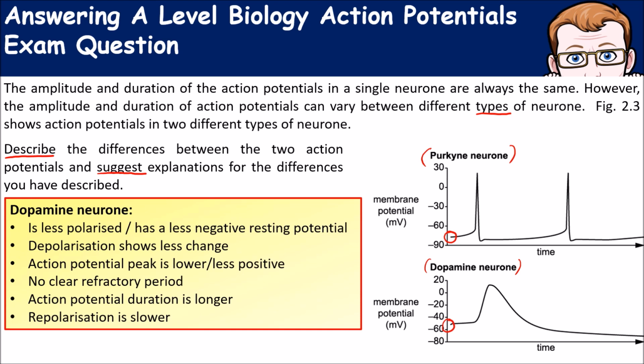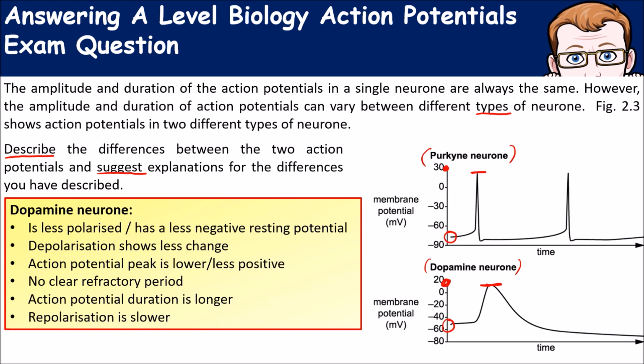Depolarization shows less change because you're only going up to about +20, give or take, whereas in a Purkinje neuron it goes up to +30. So the action potential peak is lower, so you can see that that's lower there than it is there, for instance.